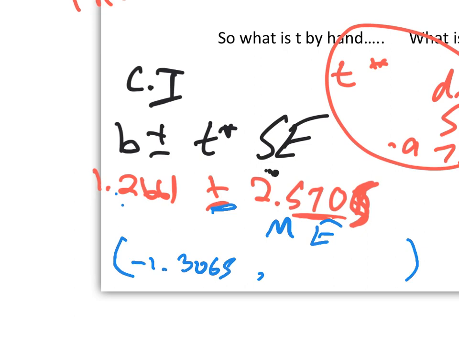And the other side? 3.7966. So I am 95% confident that the true slope, remember I made up my data? The true slope of the line, of God's line for that data, where that data came from, my imagination, is between these two.